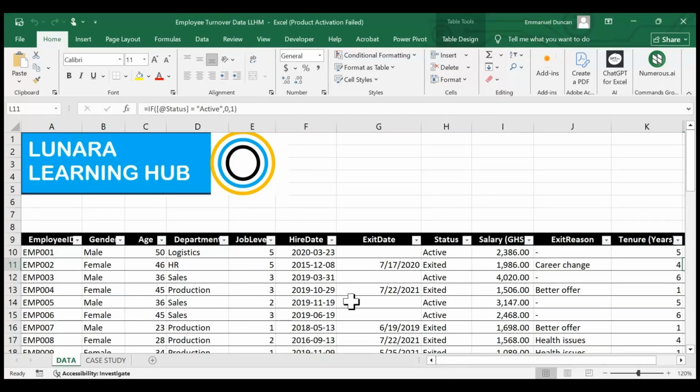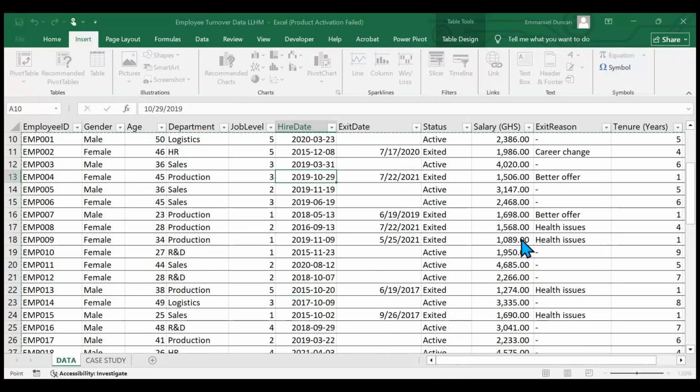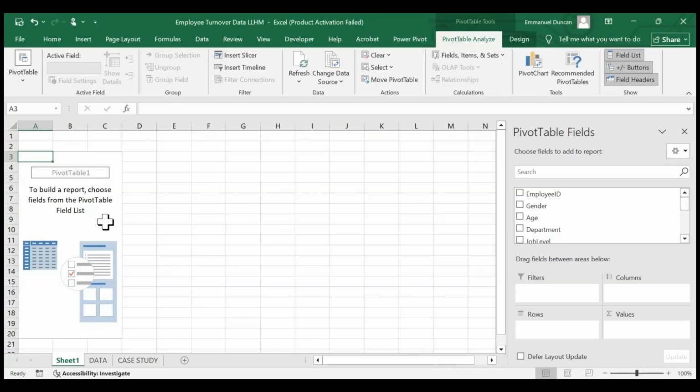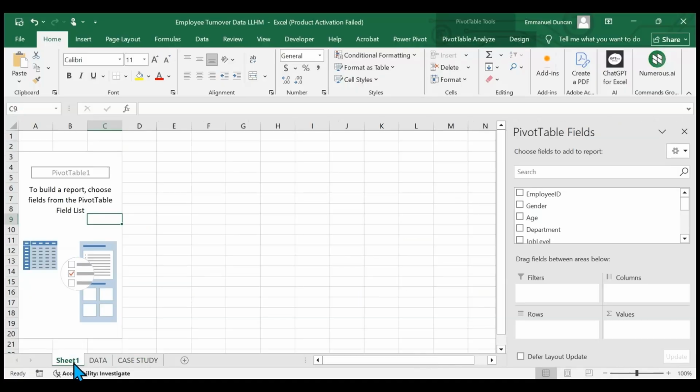So let us insert our pivot table. Now let us answer our first question: identify where attrition is highest. Here we can rename this.